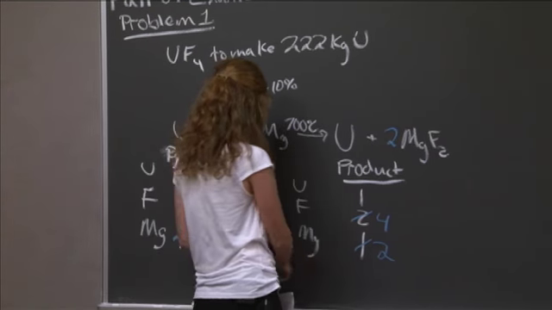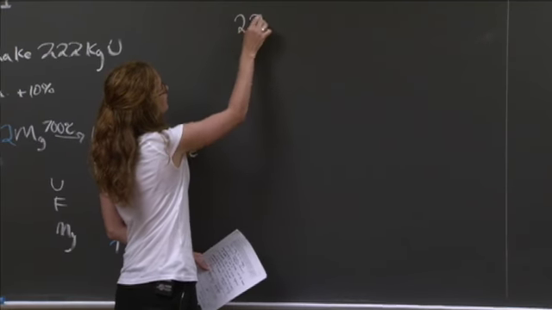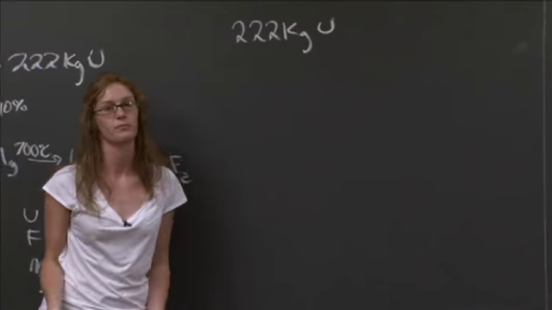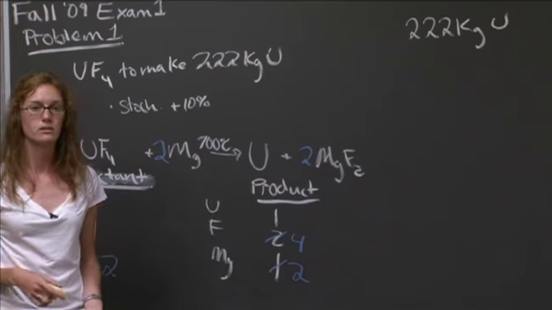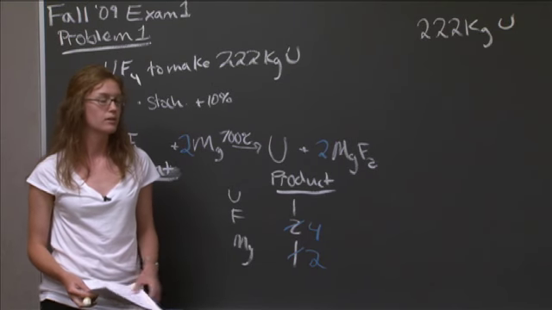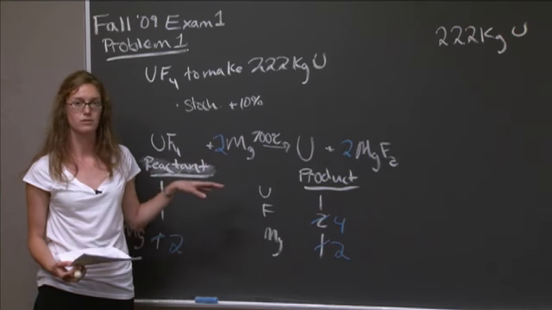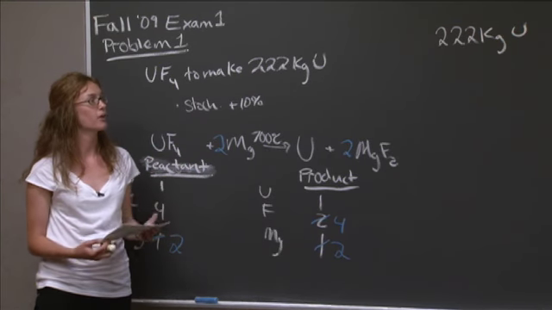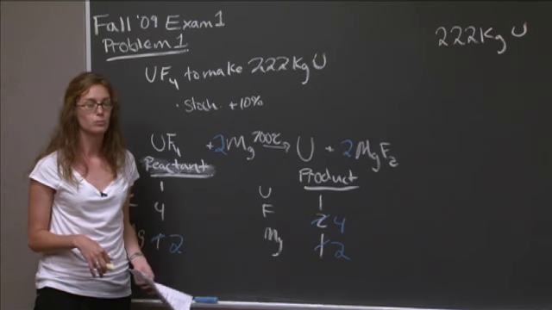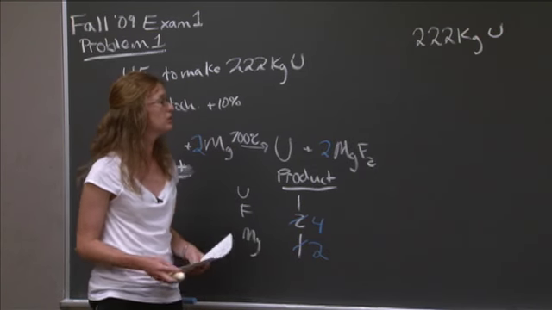We know that we want to make 222 kilograms of uranium. We then need to figure out how much uranium tetrafluoride is needed. This chemical reaction gives us mole ratios, but right now we have kilograms. So the first thing we need to do is convert kilograms to moles, and we do that using stoichiometry or unit conversion.